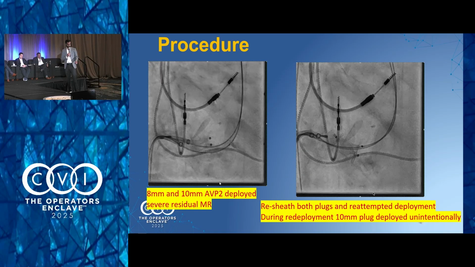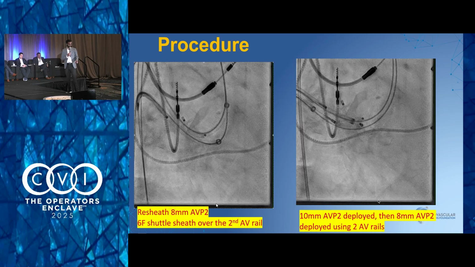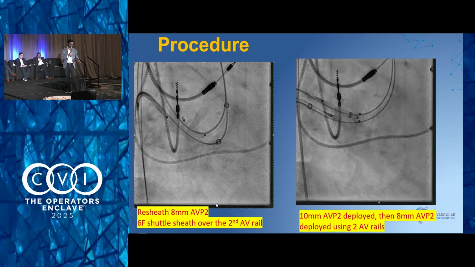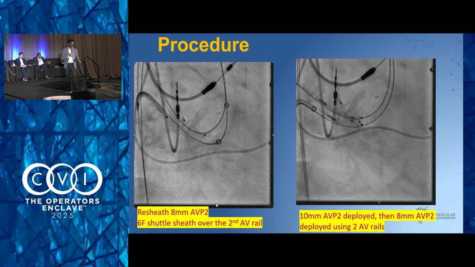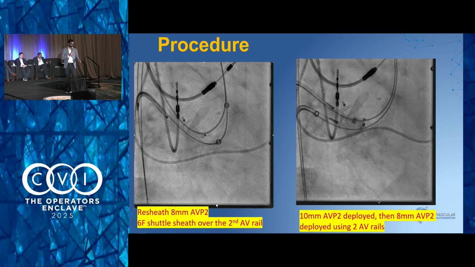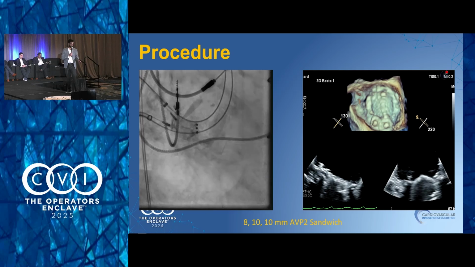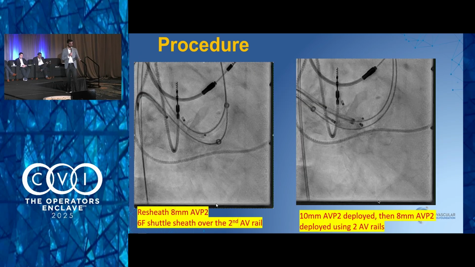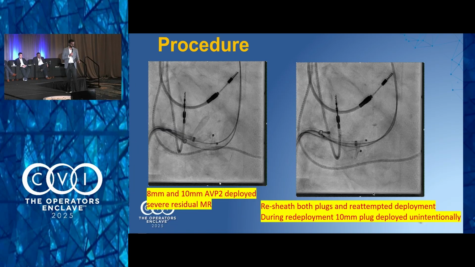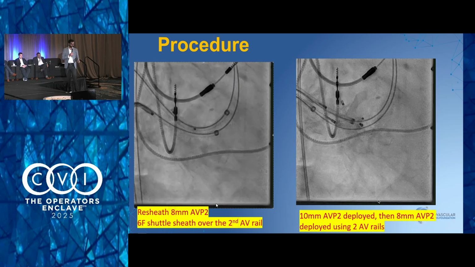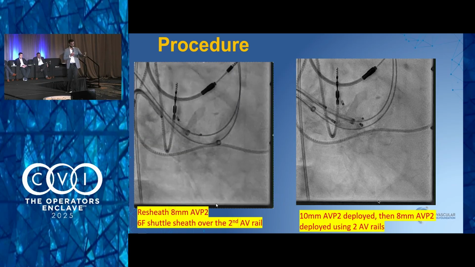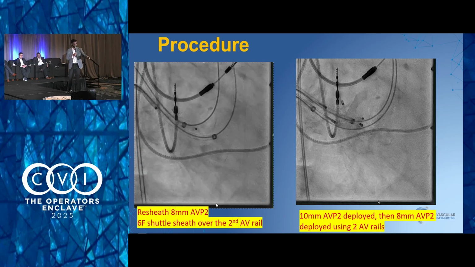the 8 plug. And now, if you look at the picture on the left, sorry, this is playing very slowly. Sorry about this. If you look at the picture on the left, I have 1 plug that's deployed.